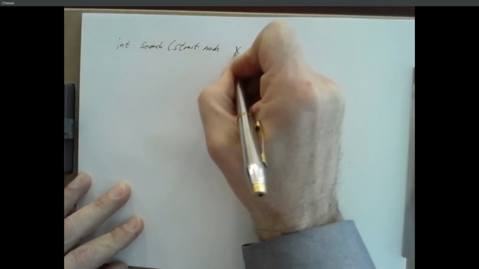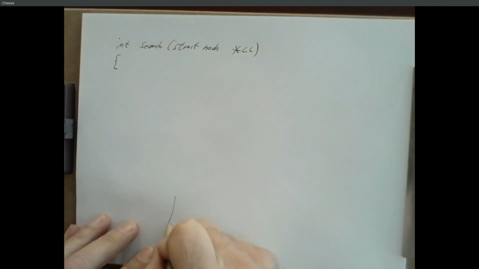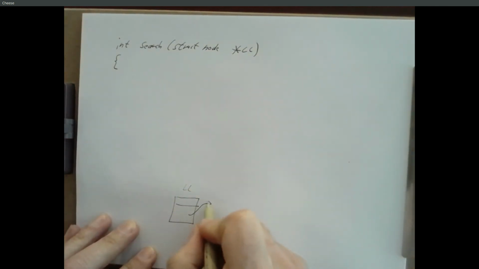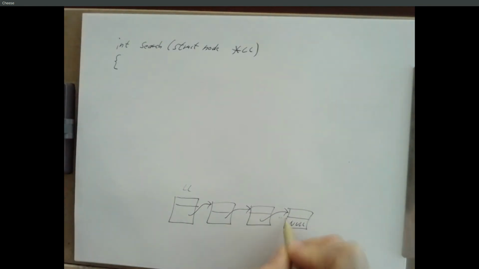So pseudocode. So we know how to print. How do we search a linked list using these structures? So you have to traverse the list. So here's LL. And we've got this chain of blocks, chain of nodes pointing to other nodes.